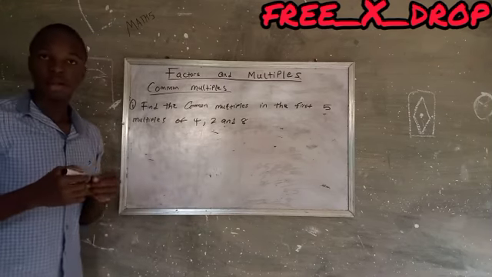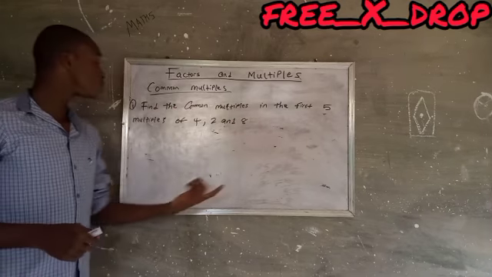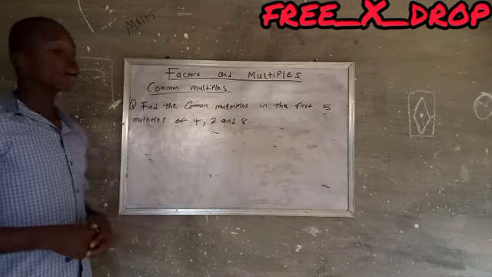Yes, this is good. So they said find the common multiples in the first 5 multiples of 4, 2, and 8. What does it mean?